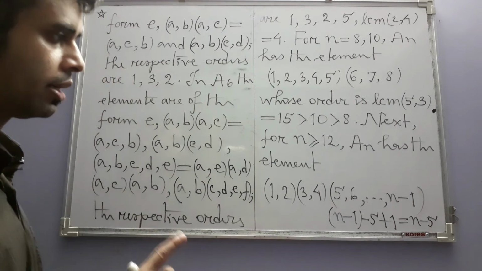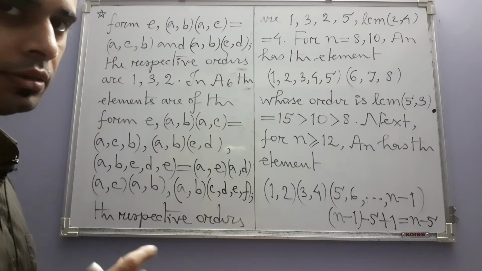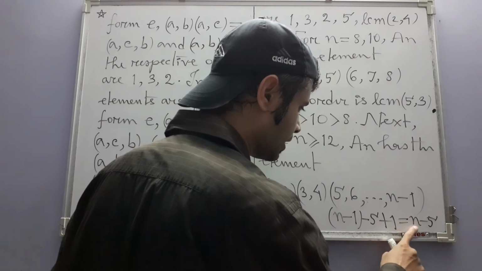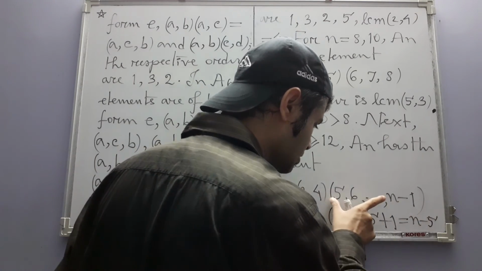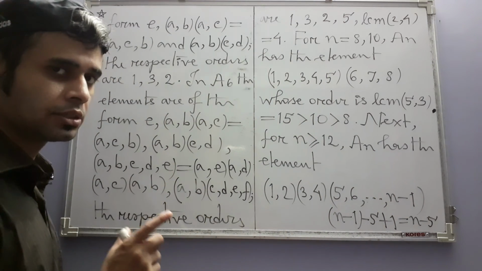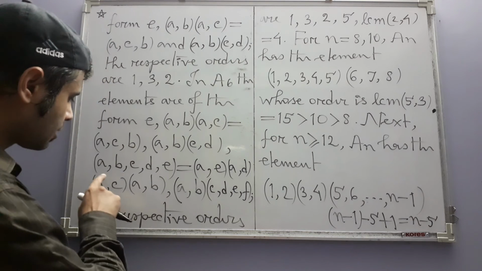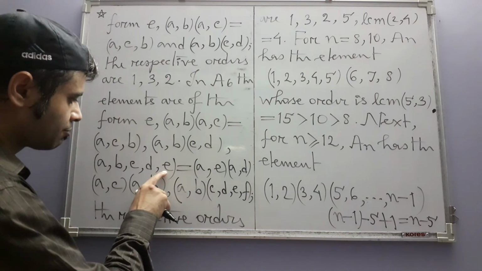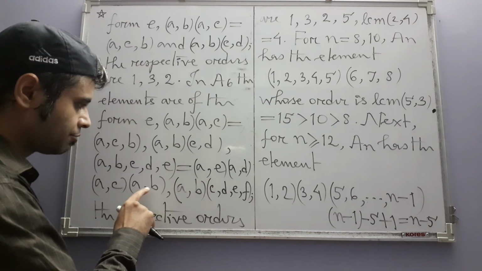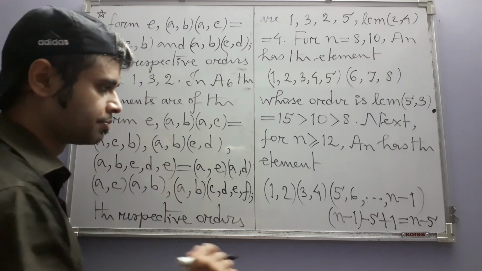Now this is where evenness of n comes into play. Because n is even, n minus 5 is odd, that means this cycle is a cycle of odd length. So it's an even permutation. Just like here, you have a cycle of length 5. So you have been able to write it as a product of 4 2 cycles.